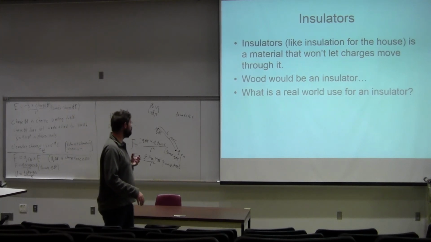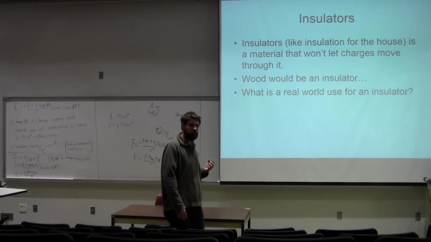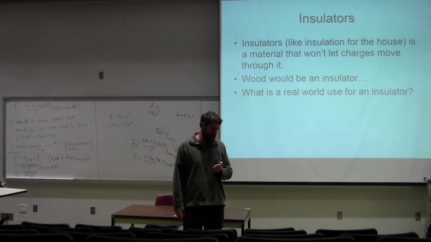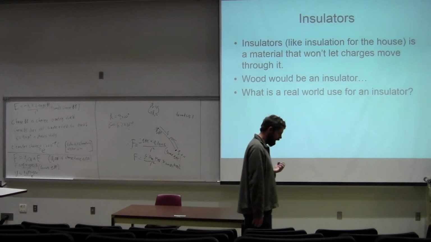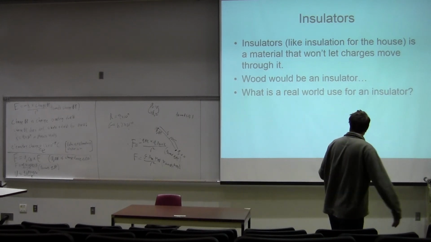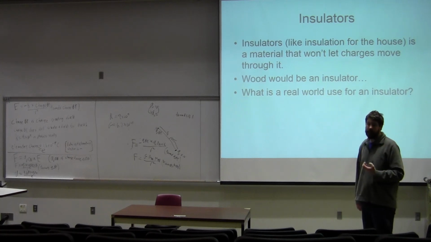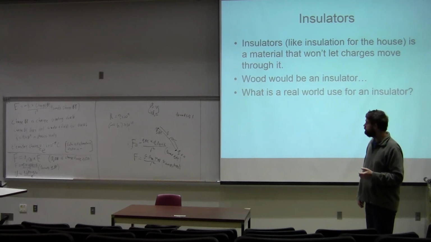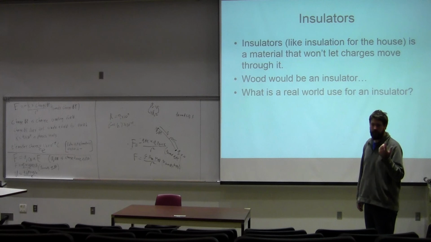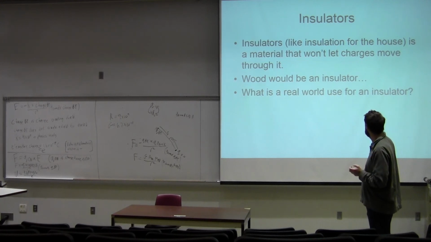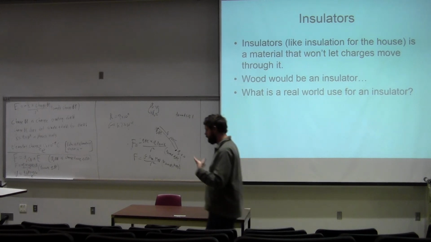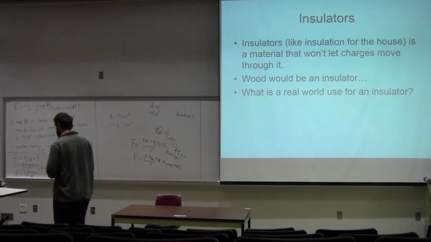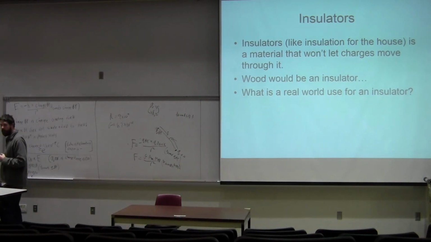So wood is a good insulator. But we don't tend to use that because wood is also flammable and wires tend to heat up. So we usually use fire-resistant plastic. So insulators allow you to not be electrocuted every time you touch a wire.